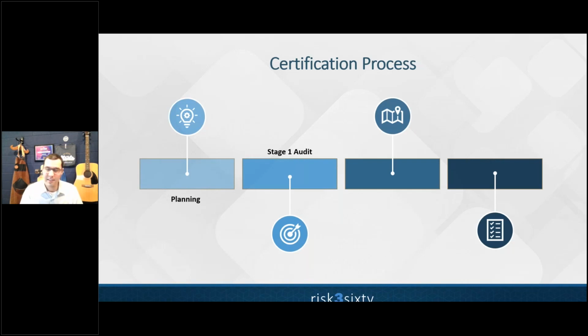This is something that's actually an organizational initiative led by top management, and you've gone through the key elements of a risk assessment, PIMS documentation, the internal audit. So it's a check to make sure you're ready for the full audit, which is stage 2.